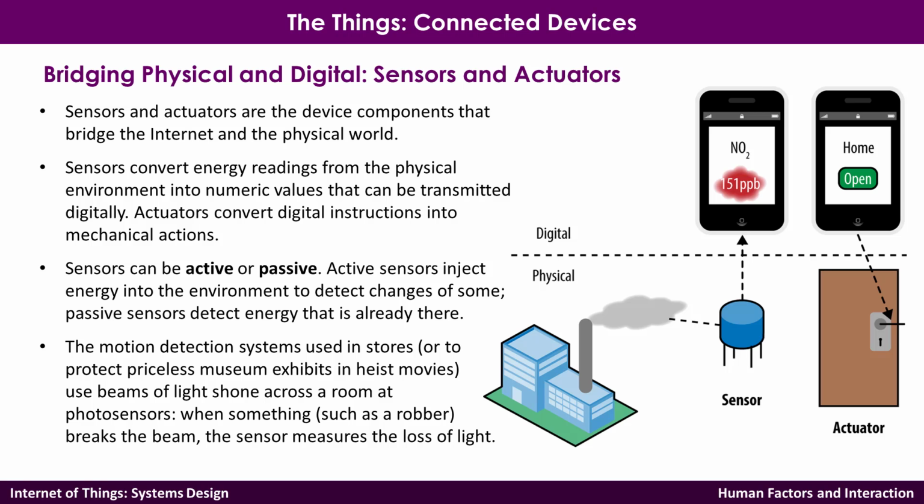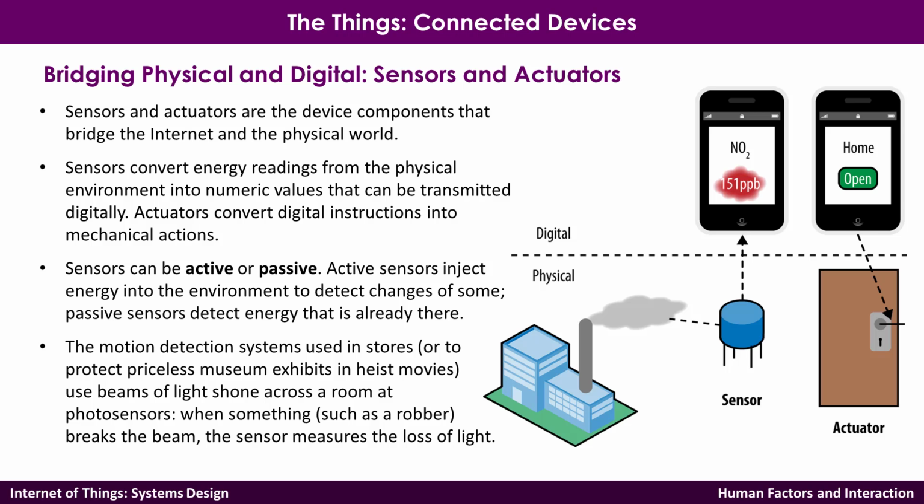For example, a motion detection system used in a store would use beams of light shone across the room to see whether anyone is breaking those beams, and then the sensor measures the loss of light.